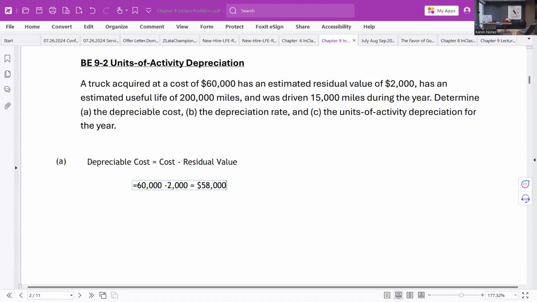When we use the units of activity method, the rate is that depreciable cost spread over the estimated useful life in terms of the activity.